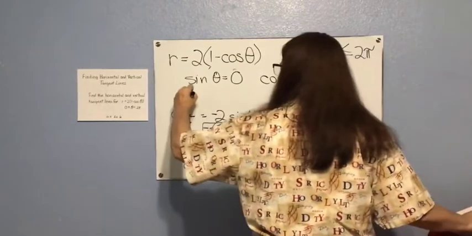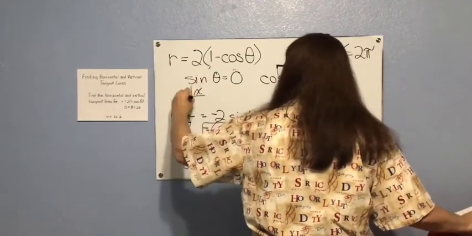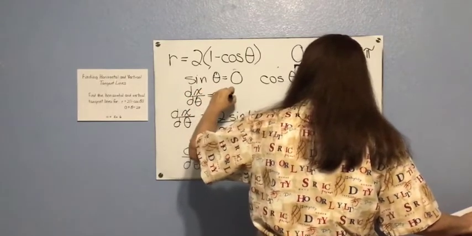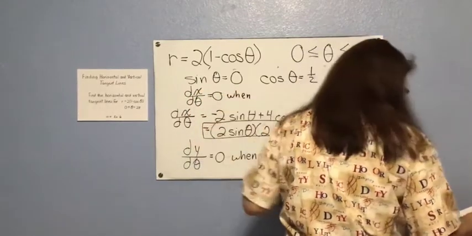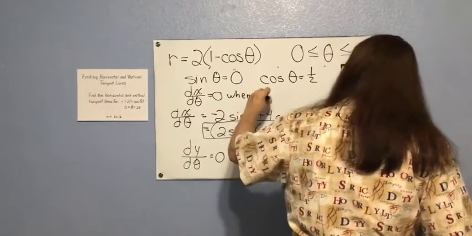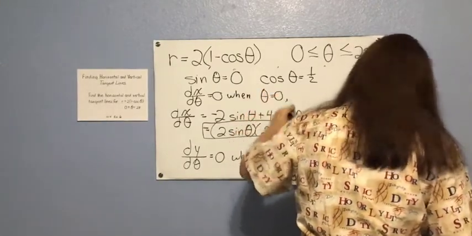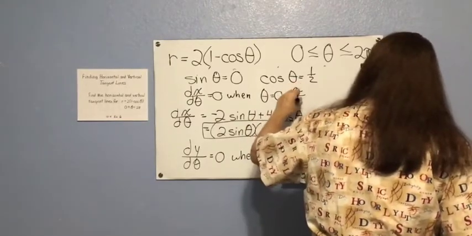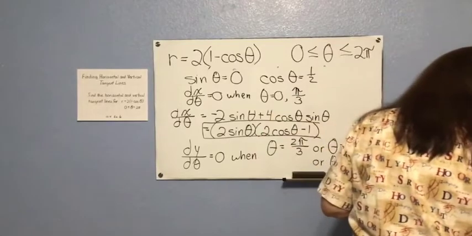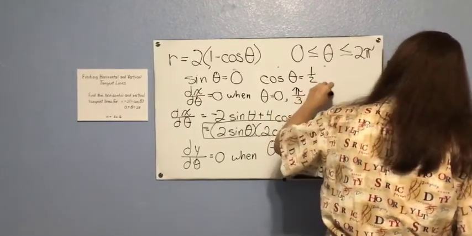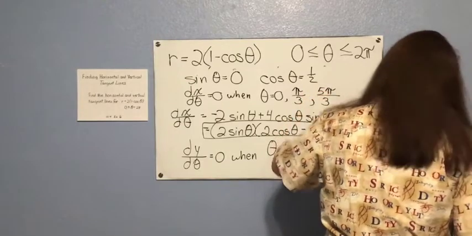So dx d theta equals 0 when theta equals 0 or pi over 3 or 5 pi over 3.